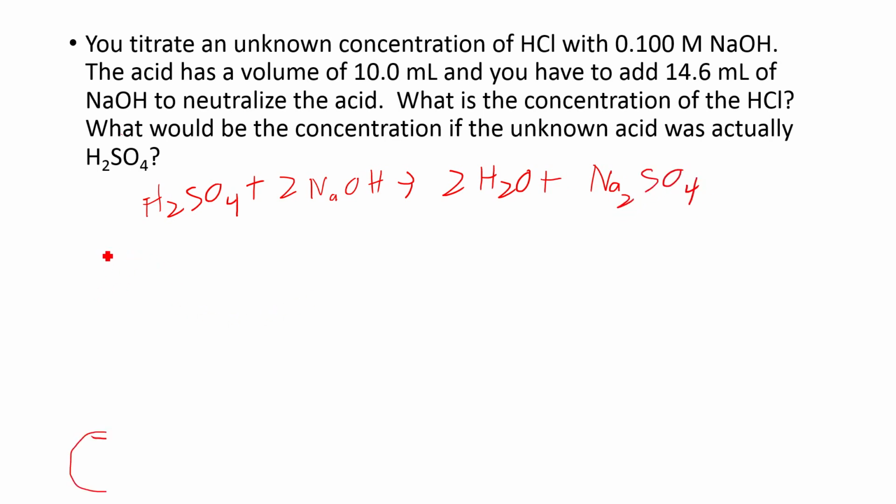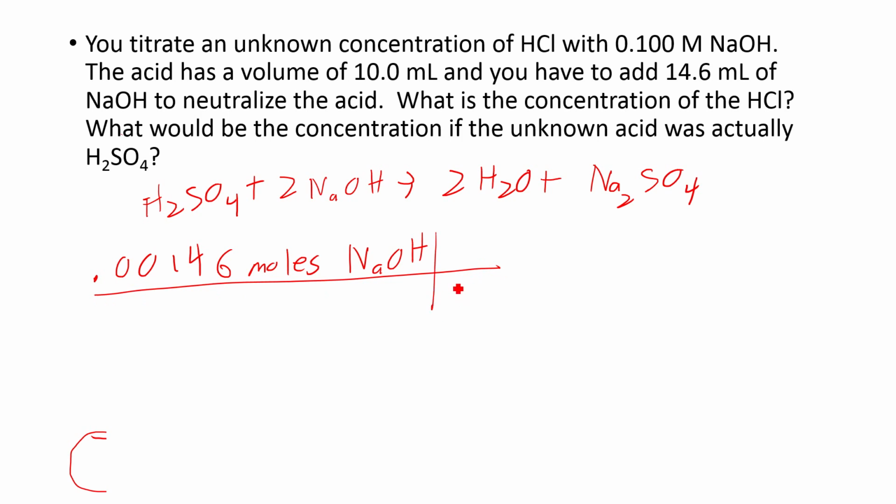And we know that there was 0.00146 moles of sodium hydroxide. When we do that conversion, we go that for every 2 moles of NaOH, there's 1 mole of sulfuric acid.